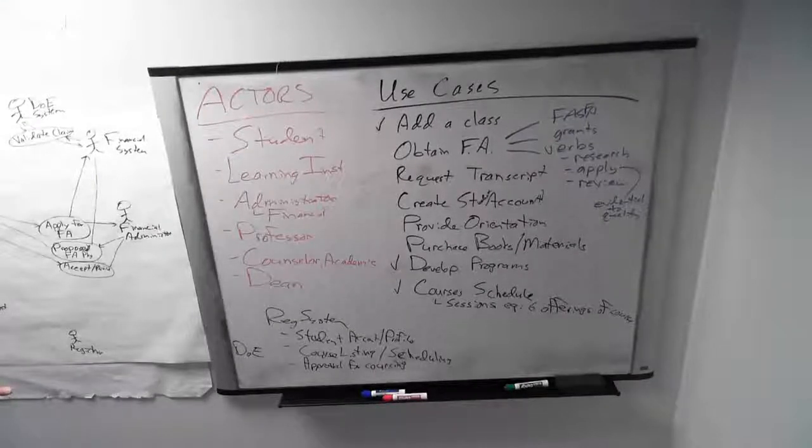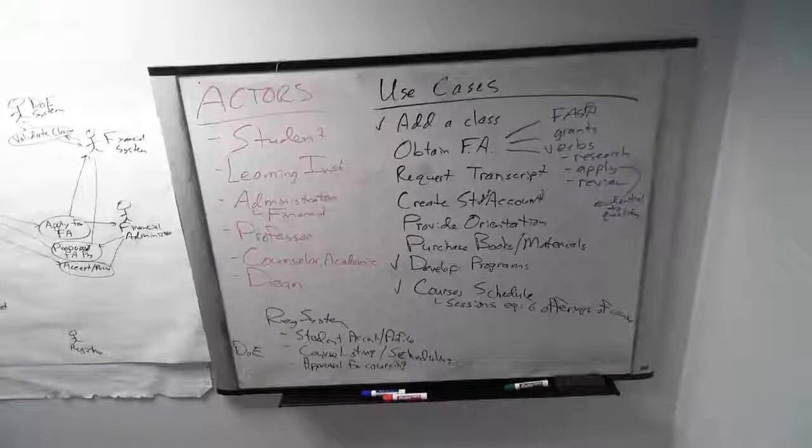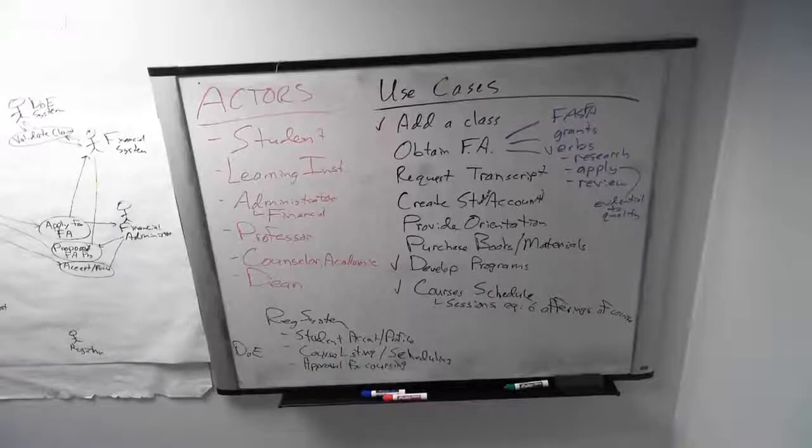How would we refer to providing the course listing? This is in the develop programs space and course schedule. In other words, who's going to put the course listing in there? It doesn't happen by itself. The registrar? Student? Programmer?